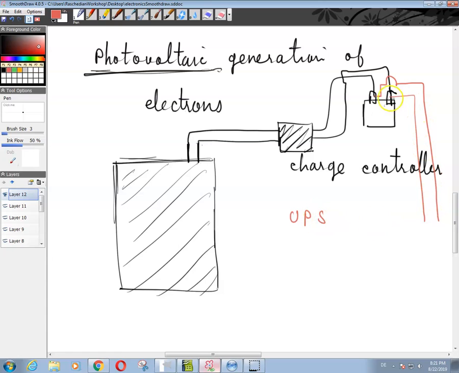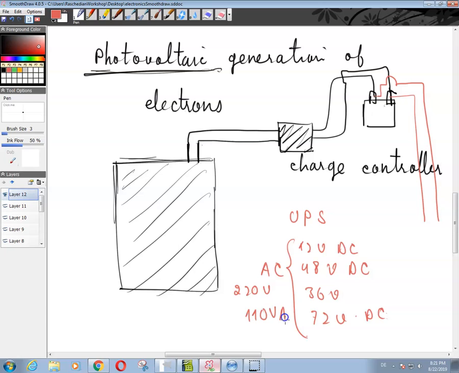What that does is it takes, for example, the 12 volts DC, or 48 volts DC, or 36 volts DC, or even 72 volts DC, and it converts this DC voltage to, for example, 220 volts AC, or for example 110 volts AC.